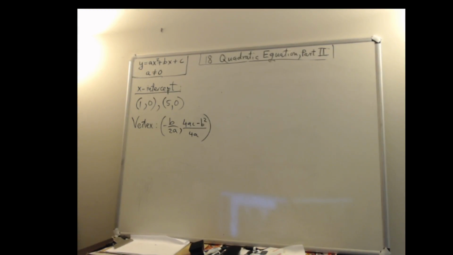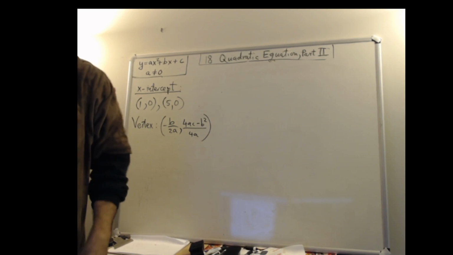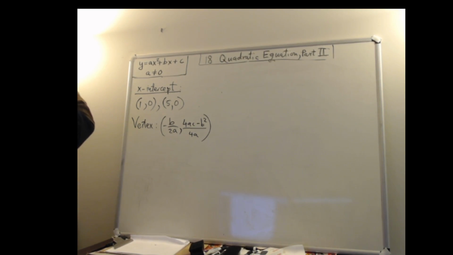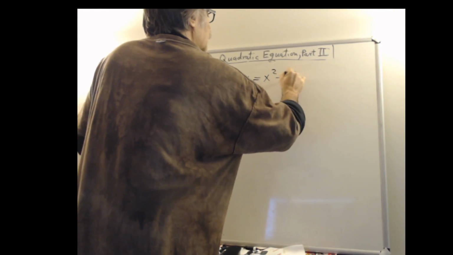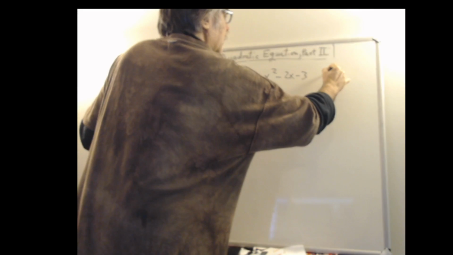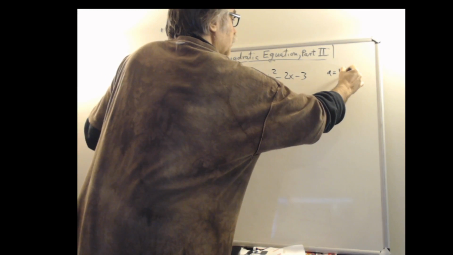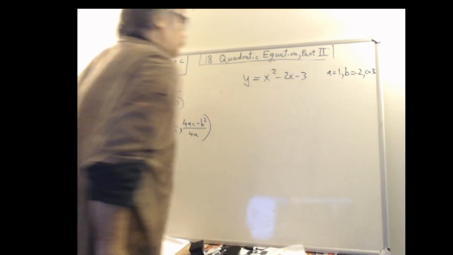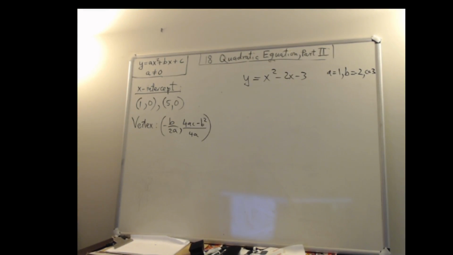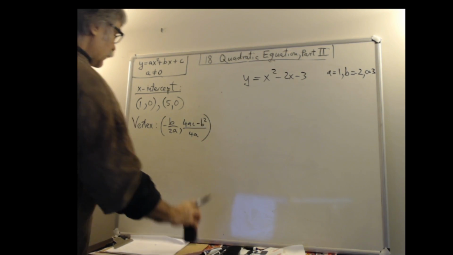Let's see, 9, and in there I have x squared minus 2x minus 3. So y is x squared minus 2x minus 3. So I have a equal to 1, b equal to negative 2, and c equal to negative 3. Okay? I can immediately find the vertex because I have a formula for a vertex.